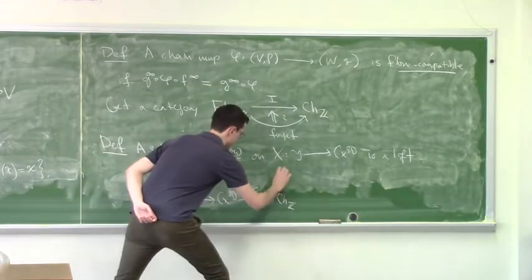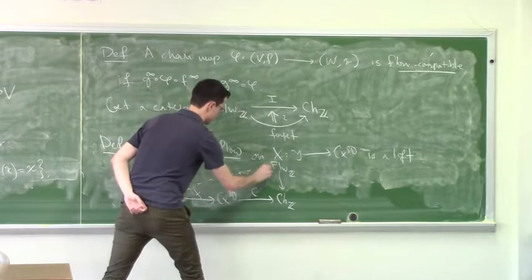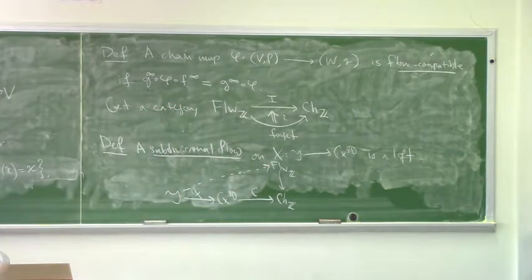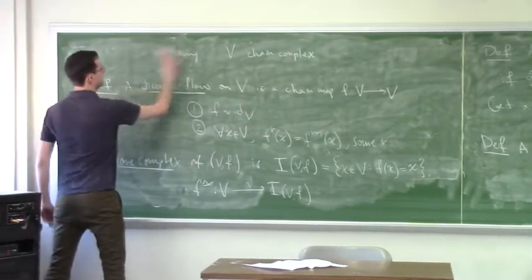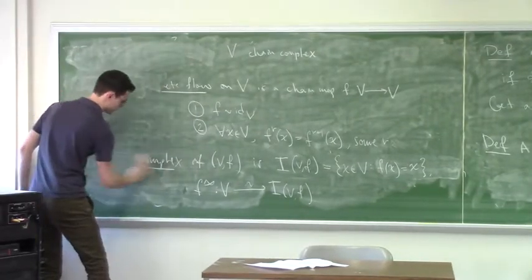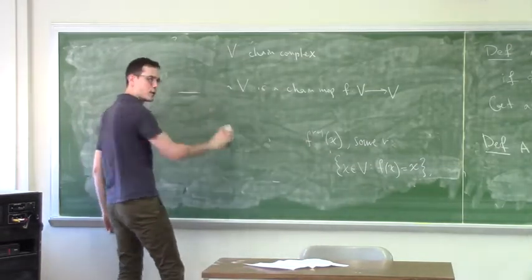And I want a lift of that functor along the forgetful functor from the flow category. So what does that say? It just says that for every component of the subdivisional space, I should have a flow, and each of those subdivisions should be compatible with the flow. Okay, so now, oh, I'm going a little fast. Are there any questions?